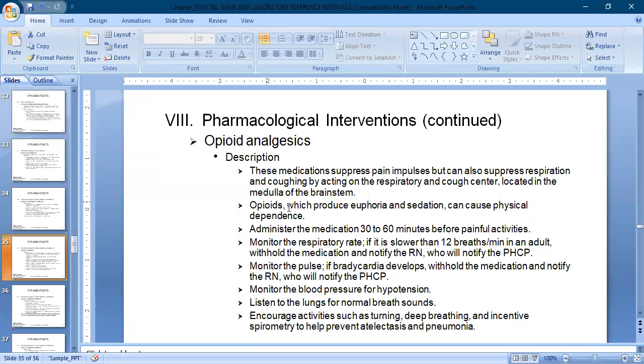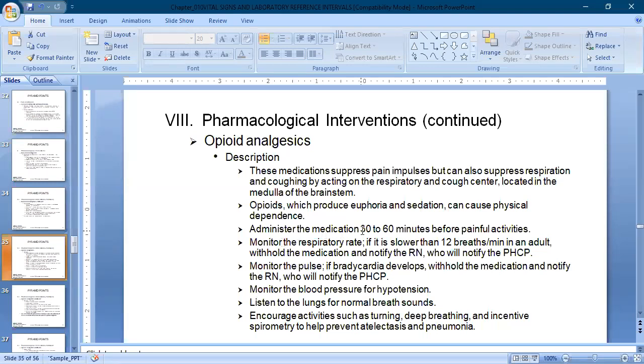Opioids produce euphoria or sedation. So the patient feels good, happy, euphoric, and sedated, and this causes addiction and can cause physical dependency.